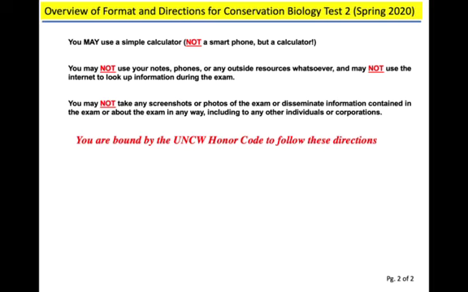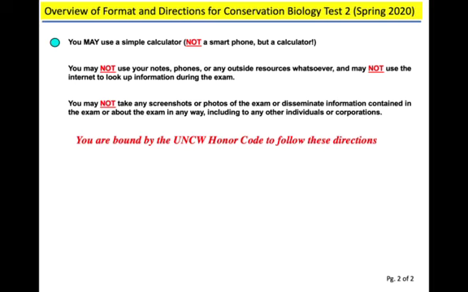Okay, a few do's and don'ts. You may use a simple calculator on the exam. You can't use a smartphone because it's too easy to have other information on a smartphone, but you can use a calculator. I prefer it to be a simple calculator and not a smart calculator, but the main thing is that you use a calculator and don't use a phone.